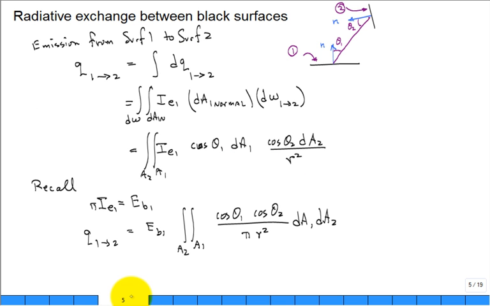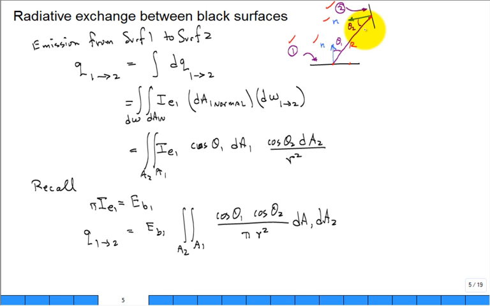23.7%. The derivation for this view factor is not trivial. It builds on what we did last time. So think of surface 1 and surface 2 as sketched right up here. They both have outward directed normals. If I take a point and connect it to a point there, then you'll have the definition of what r is, the separation distance, and you'll have the definition of theta 1, theta 2.